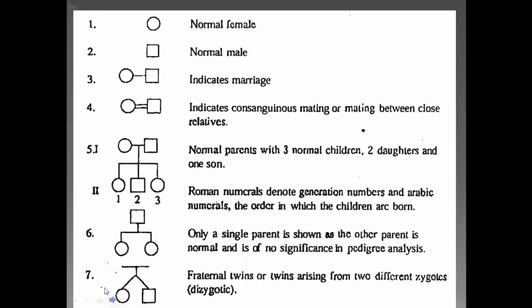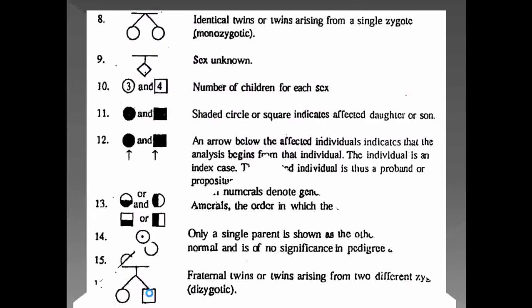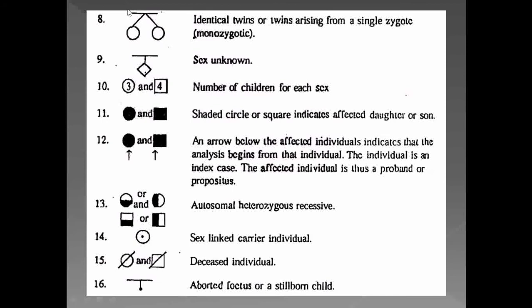It indicates dizygotic twins. Then the next one, after the marriage between the parents, male and female, if the progeny is like that, the earlier son and this one, here the two daughters are joined by a V-shaped symbol.